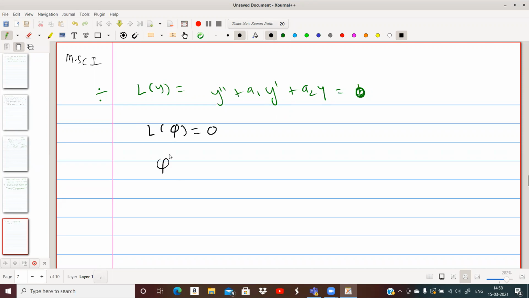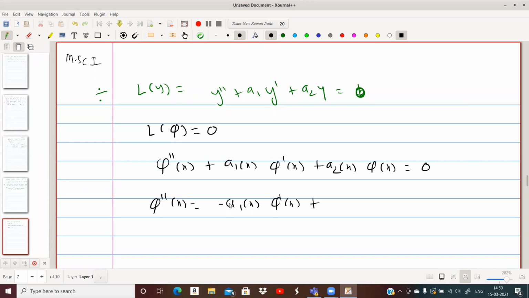That means phi double dash at x plus a1 of x phi dash at x plus a2 of x phi of x equals 0. Phi of x satisfies this. From this, you can write phi double dash x equal to minus a1 x into phi dash x, minus being common, plus a2 x into phi of x.